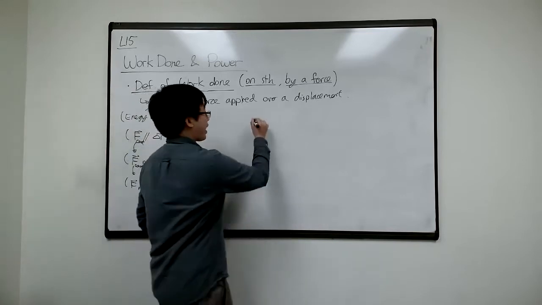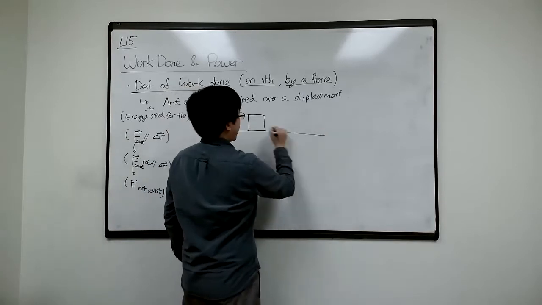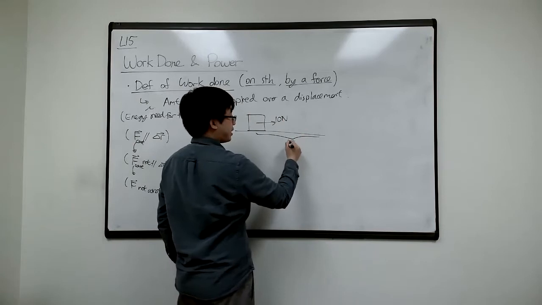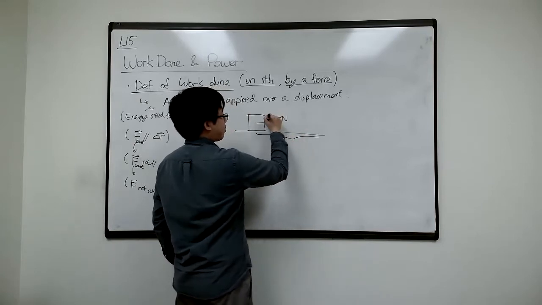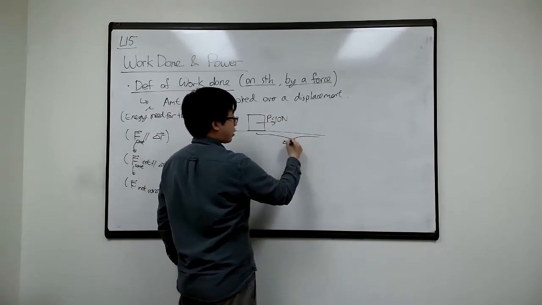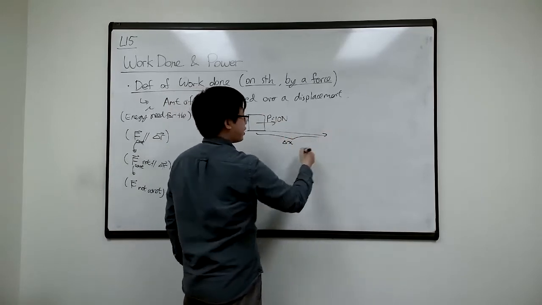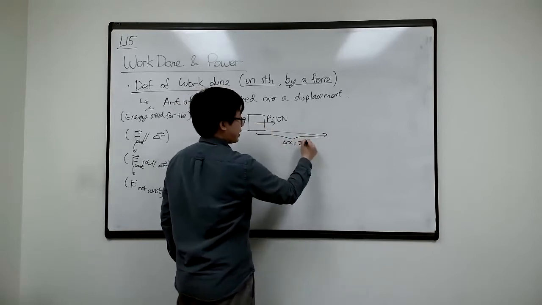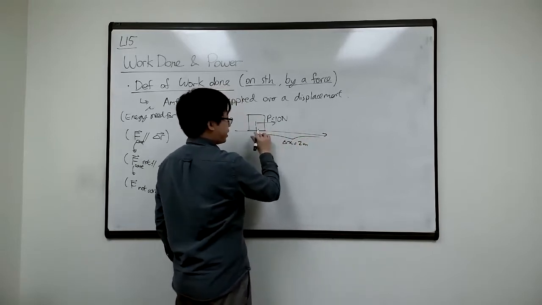The simple case is a box, and I push with 10 newtons and it moves a displacement. This is all in the x direction, all in one dimension, and the force is parallel. If I move 2 meters, my displacement vector goes from here to here.